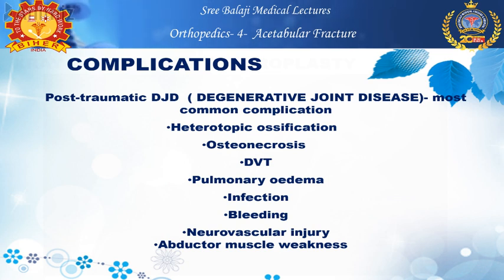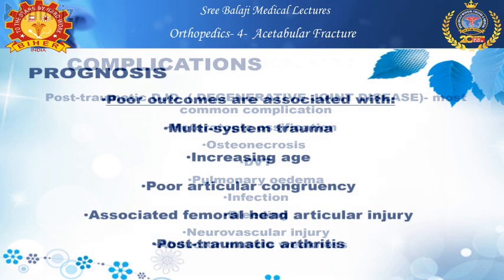Deep vein thrombosis: immobilization can cause DVT and it can be prevented by heparin injection. Pulmonary embolism: again we can use DVT stockings and advise limb mobilization. Infection, bleeding, neurovascular injury, and abductor muscle weakness.